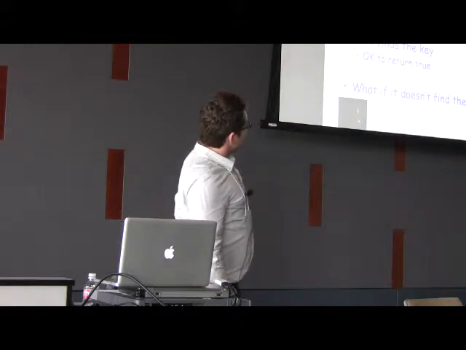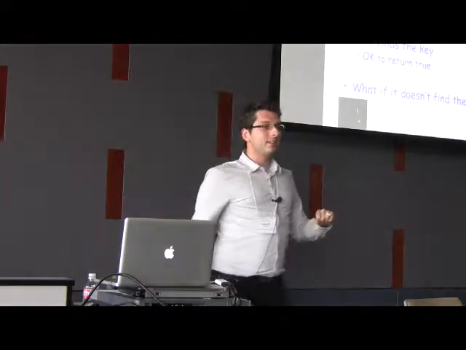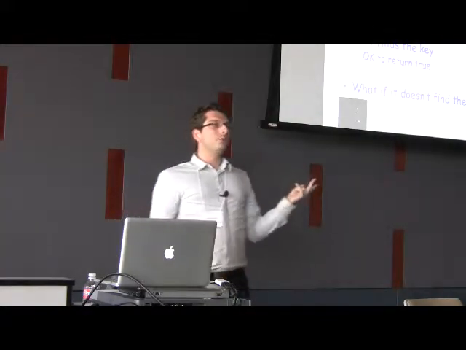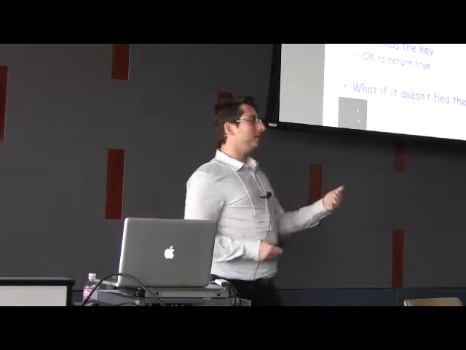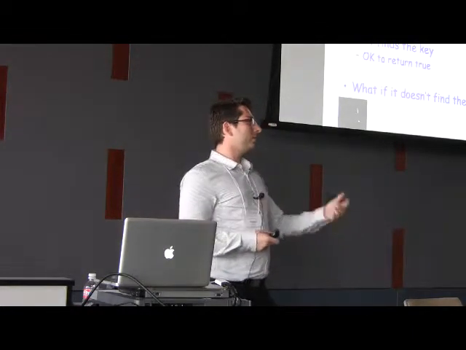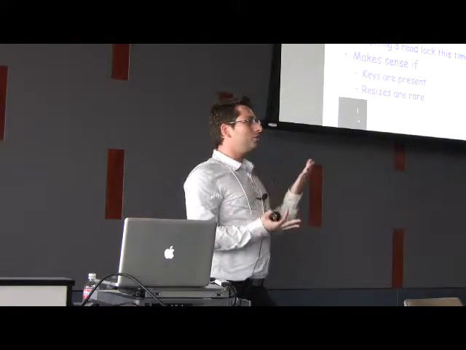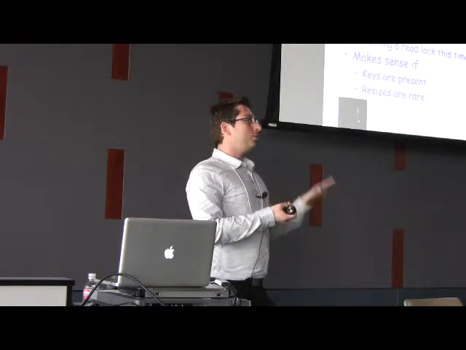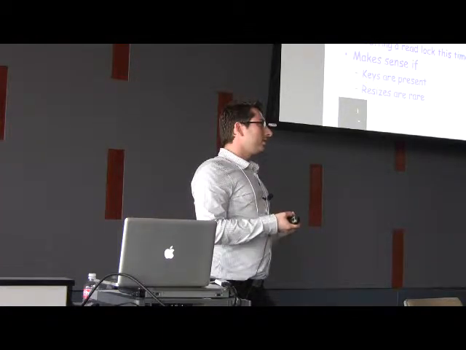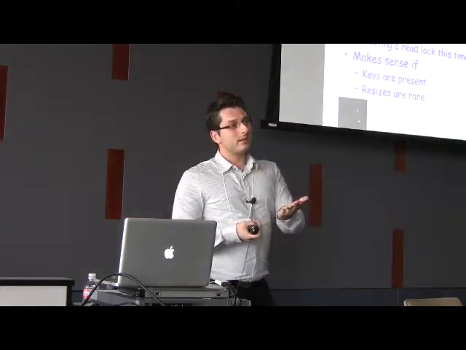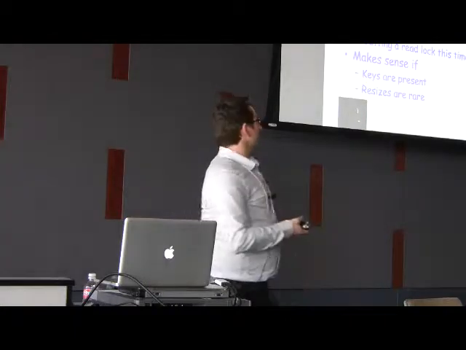The problem is, what happens if we don't find the key? Well, it's one of two possible scenarios. One, the element is probably not there, or two, we could be a victim of a resize. But since we don't know which one of those it is, we still need to acquire the read lock and execute the operation all over again.